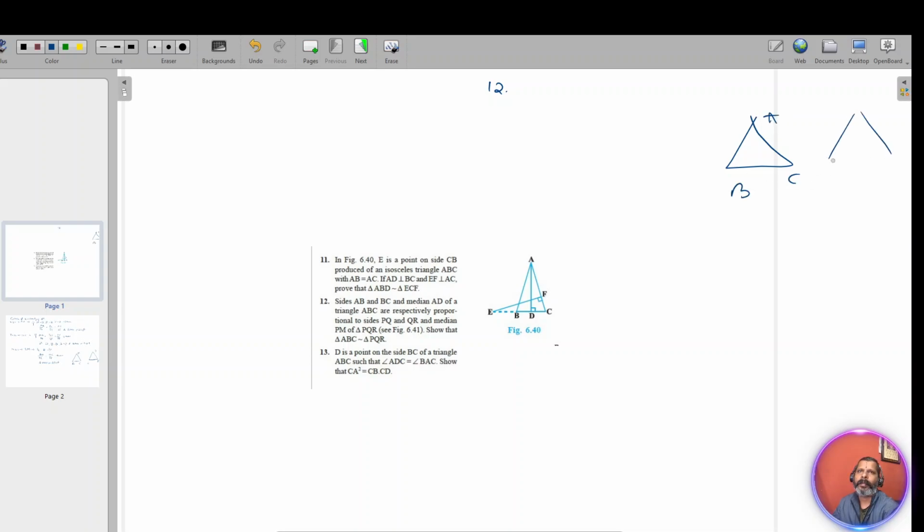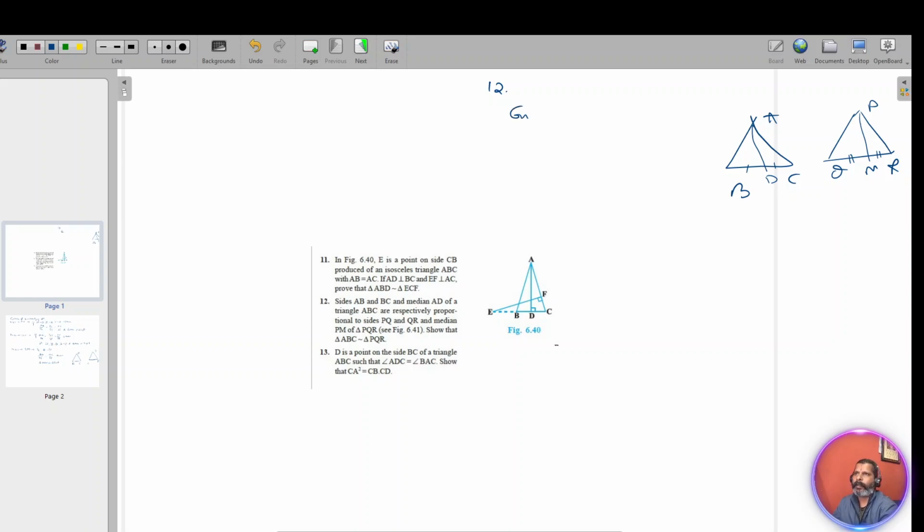AB and BC and AD, you have to draw the median here, should be in proportion. Here PM is a median. These are all again equal, so ABC and PQR are similar.